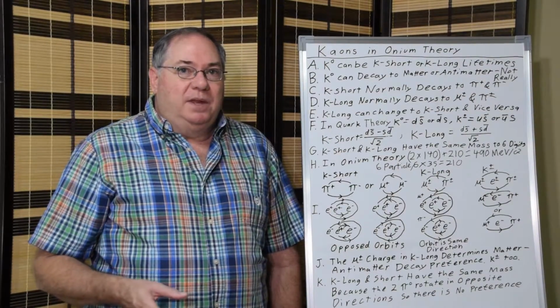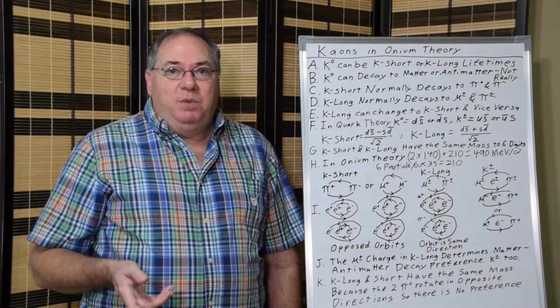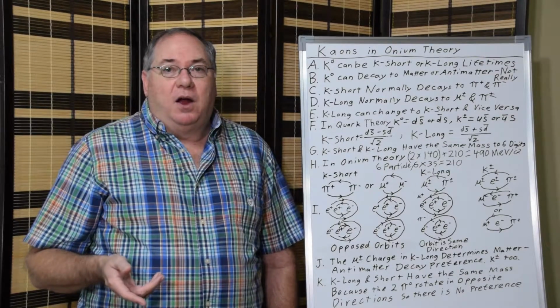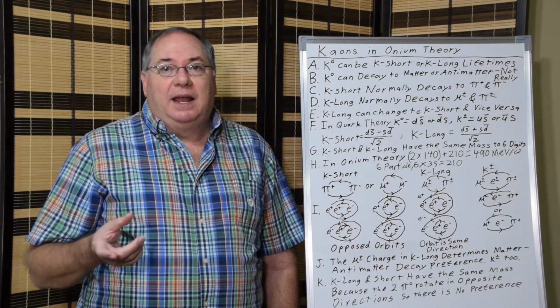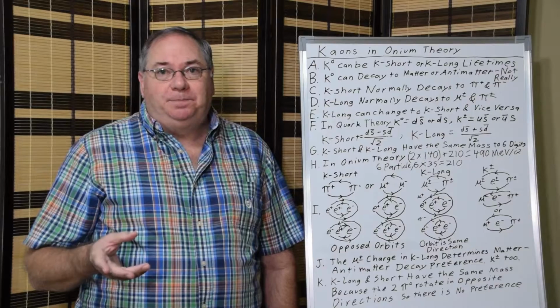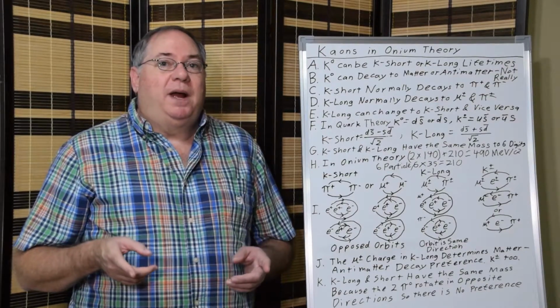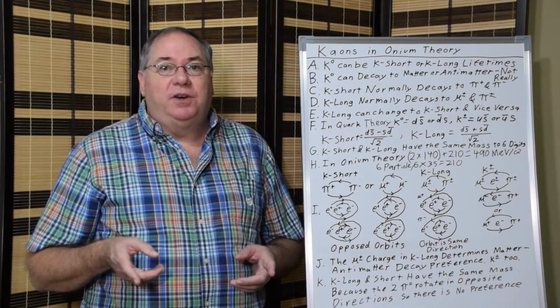Within the Onium theory, the muon and charged pion are composed of a neutral pion and an electron or positron. And the neutral pion is relativistic positronium.